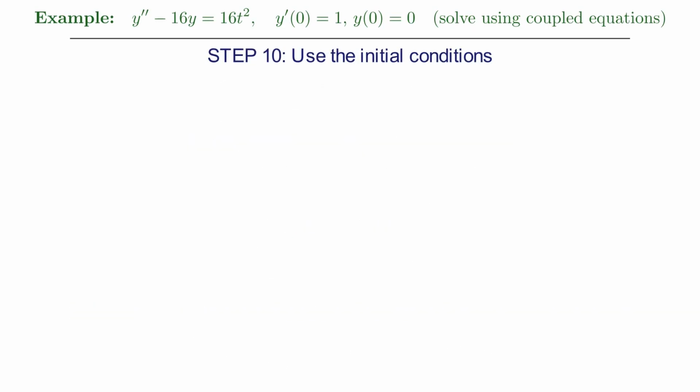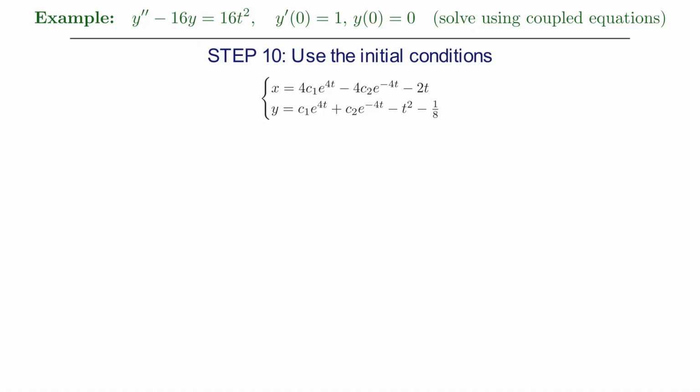So this gives us a pair of equations. x equals 4c1 e to the 4t minus 4c2 e to the minus 4t minus 2t, and y equals c1 e to the 4t plus c2 e to the minus 4t minus t squared minus 1 over 8.